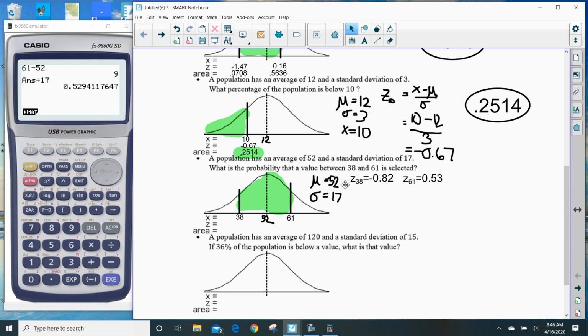Okay. From here, what we do is we find the areas of these things.